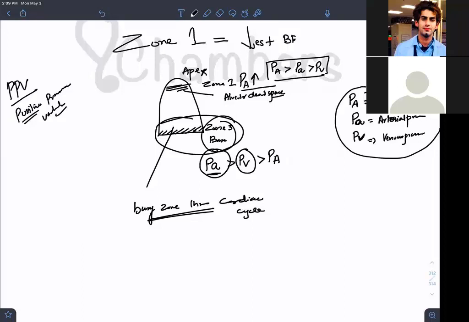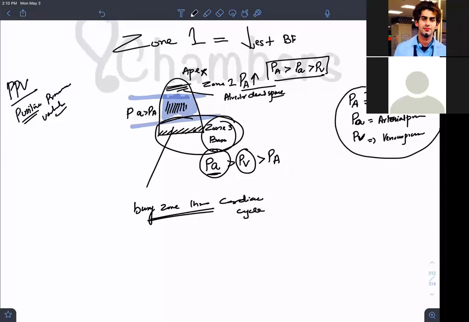So what about the rest? We have read zone 1. We have now 2 zones remaining, zone 2 and zone 3. Zone 2 is this middle zone. Here you have small a greater than capital A, greater than Pv.